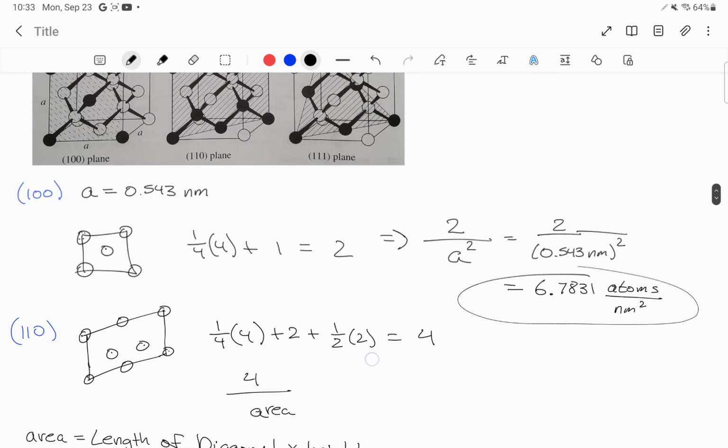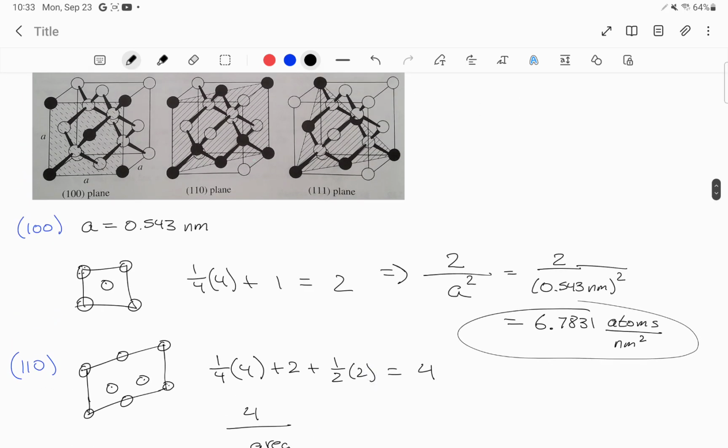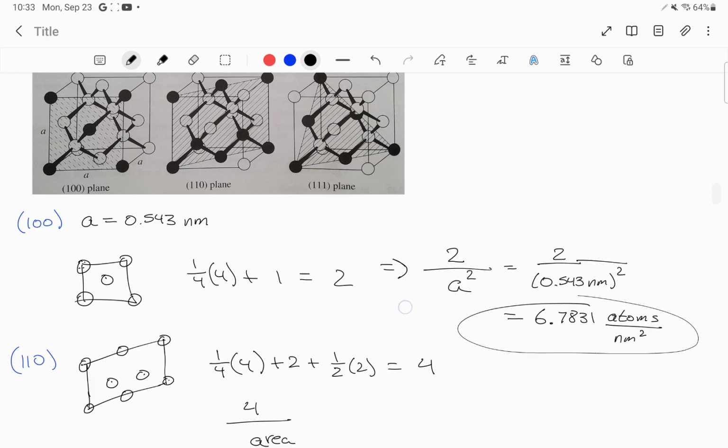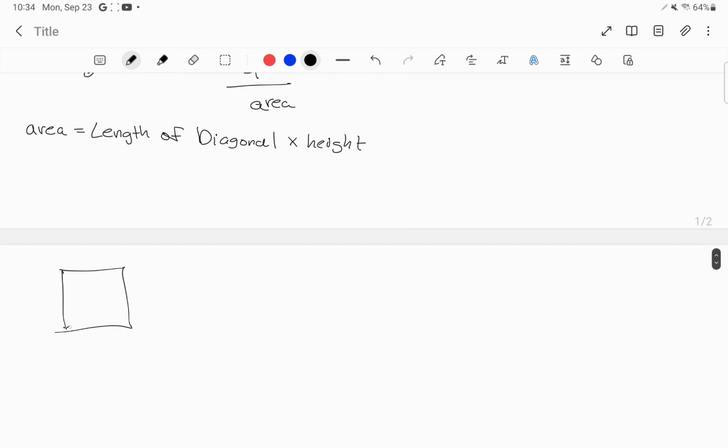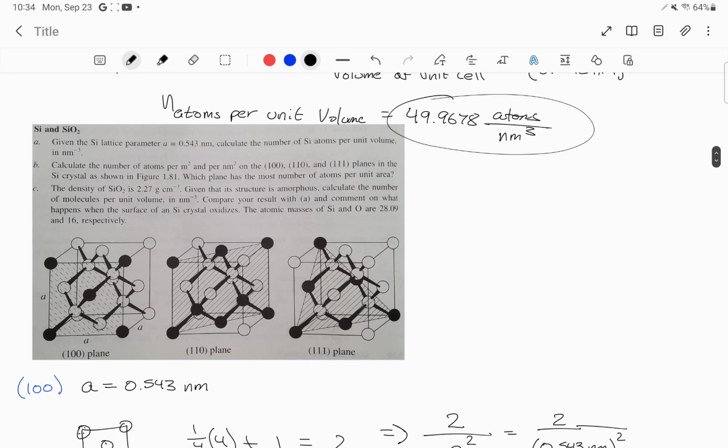if we look at the very bottom, it forms a square, and this plane is cutting straight through it diagonally, right? And we know what the lattice constant is. They're giving us the lattice constant, the lattice parameter, which is from one corner to another.